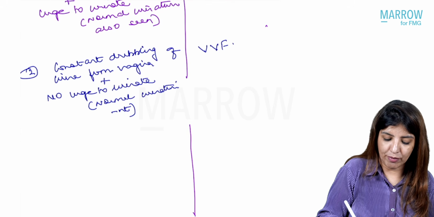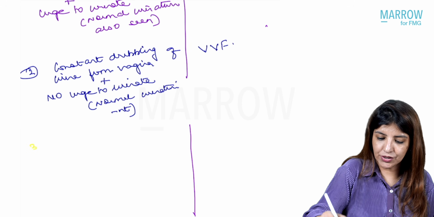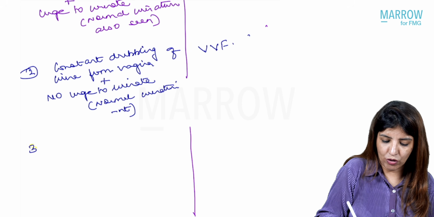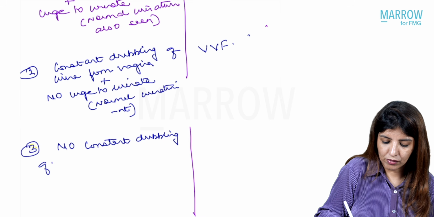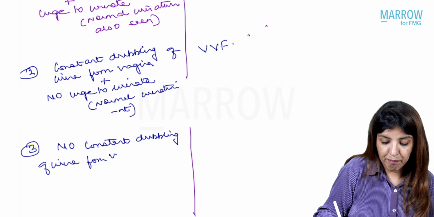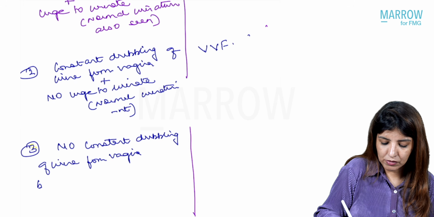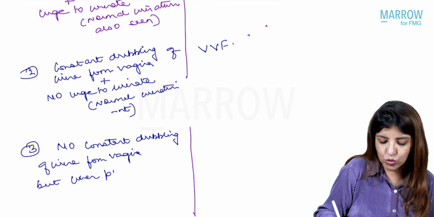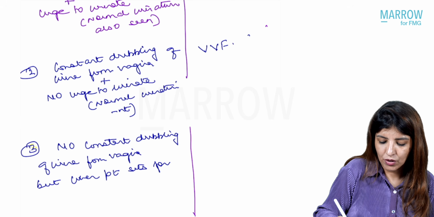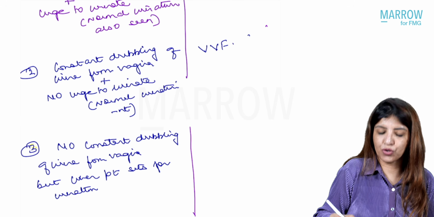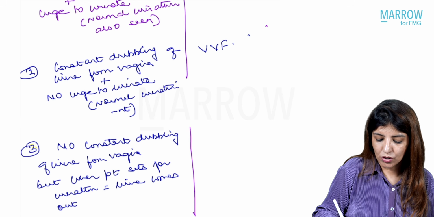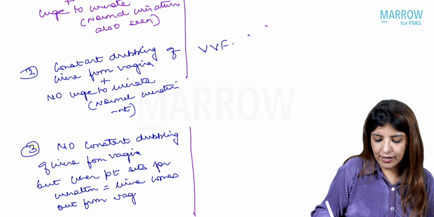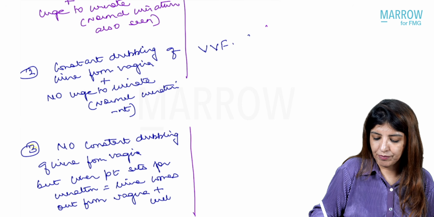So, the third kind of complaint is there is no constant dribbling of urine from vagina, but when patient sits for urination, then urine comes out from vagina plus urethra, right?